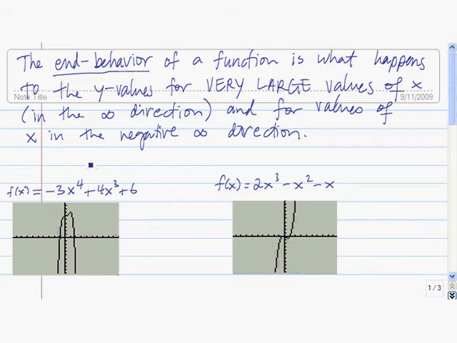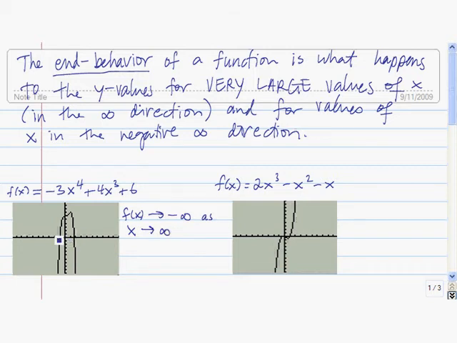In this first example here, we see that as x gets bigger and bigger, the function tends to negative infinity. Okay, that means it keeps dropping forever as x grows and grows. The way we write that formally is the following. F of x tends to negative infinity as x tends to infinity.